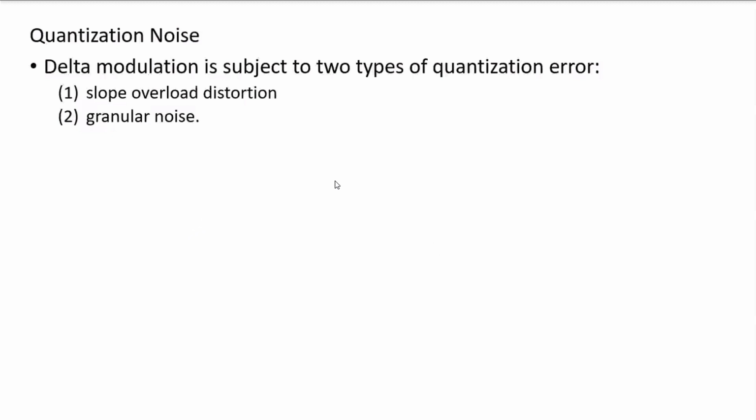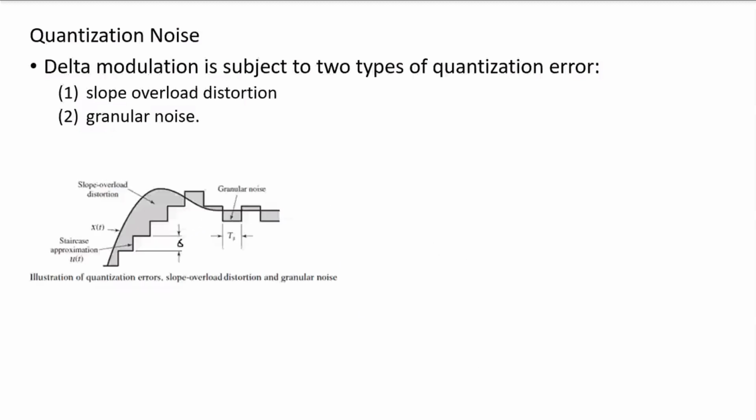Let us see. Let us take a signal as an example. This x of t is the signal. For some time there is a continuous sharp rise in the signal, and for some time the signal is stable.